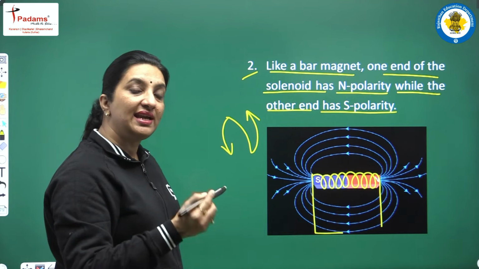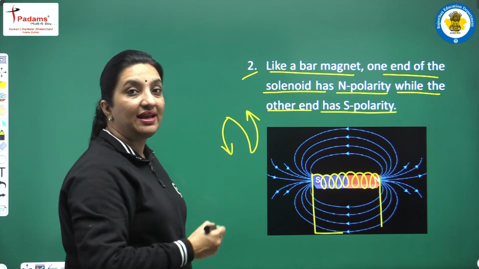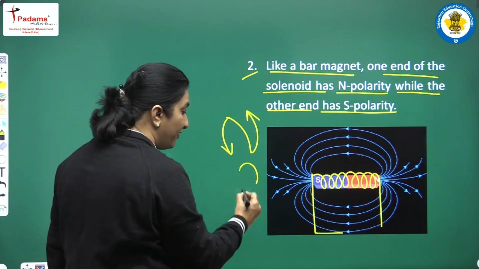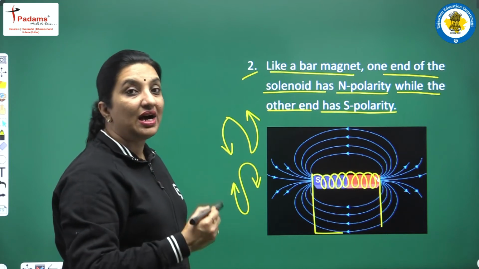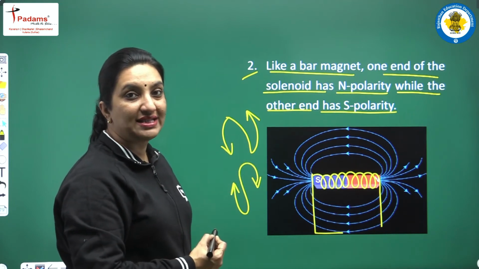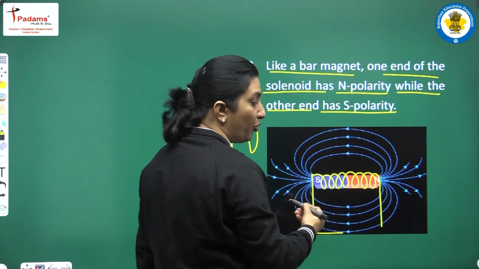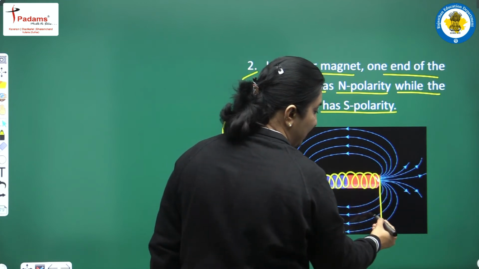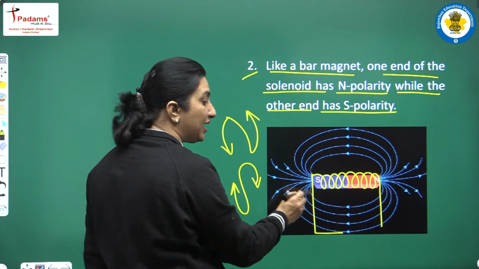That is, or we can say in another way, that if there is anti-clockwise current then there becomes a north pole, and if we have a clockwise current then a south pole is generated over that end. So here if we want to have a north pole here, then the current must be anti-clockwise here. So for anti-clockwise, and here the current must be clockwise.